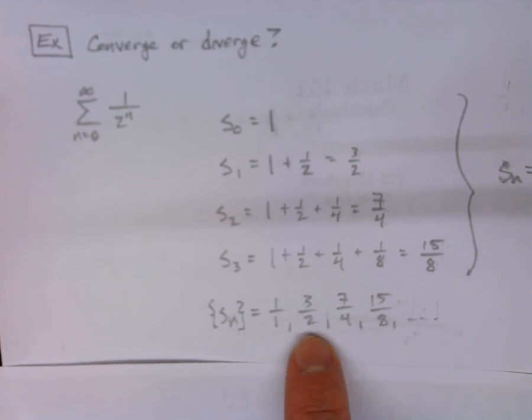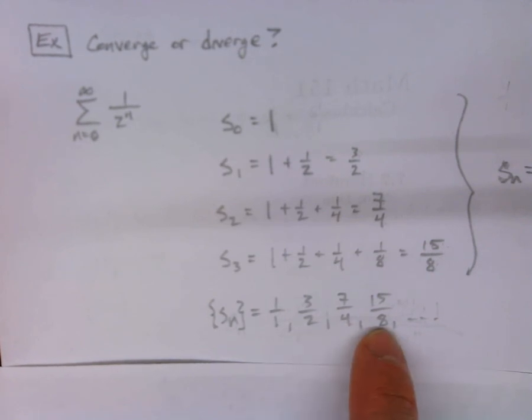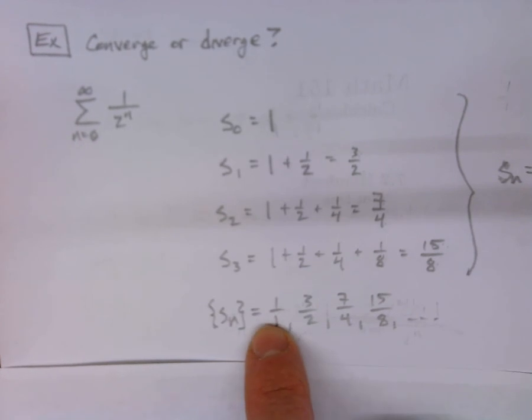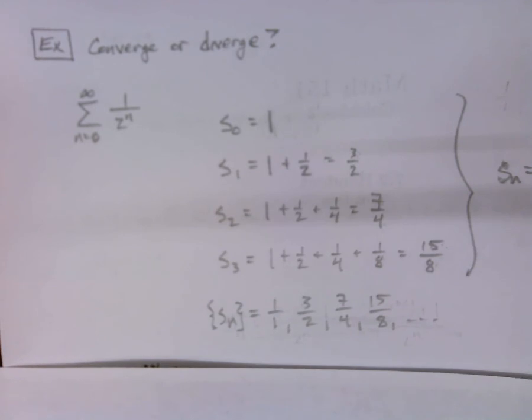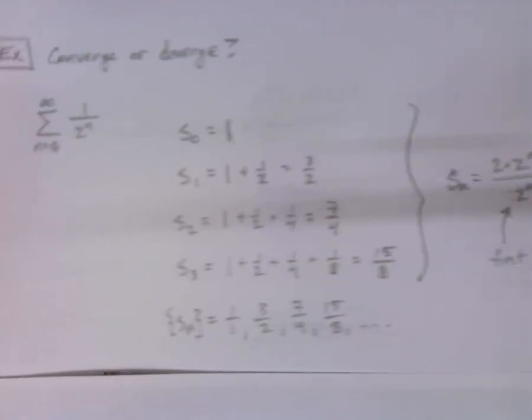If you double the denominator and then subtract 1, you'll get the numerator. It even works back here, 2 times 1 minus 1. Right, that still works.